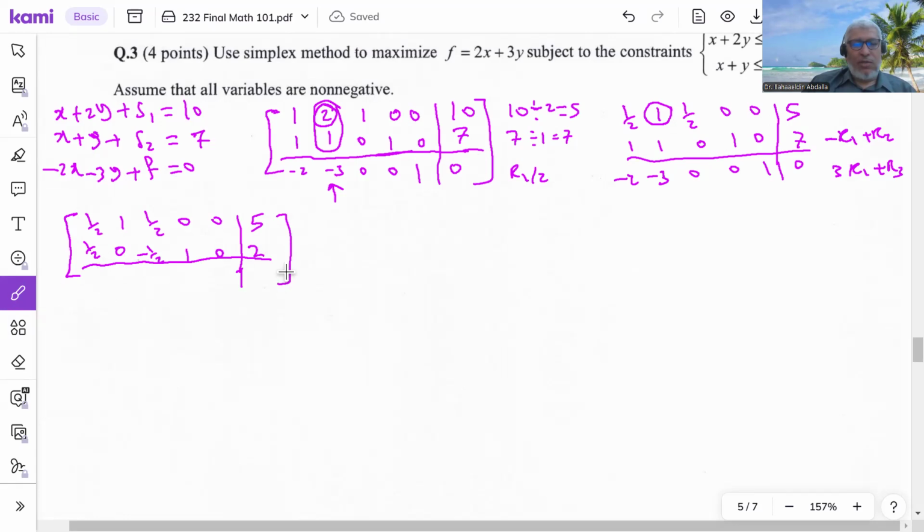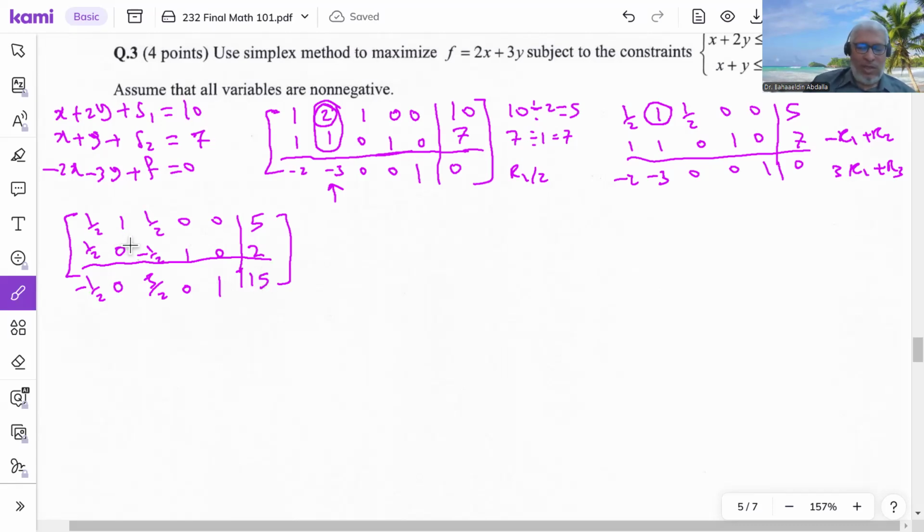And the last row, 3 times half, 1.5 minus 2, that's negative a half. 3 plus minus 3 is 0. 3 times half plus 0, 0, 1. 15 plus 0 is 15.